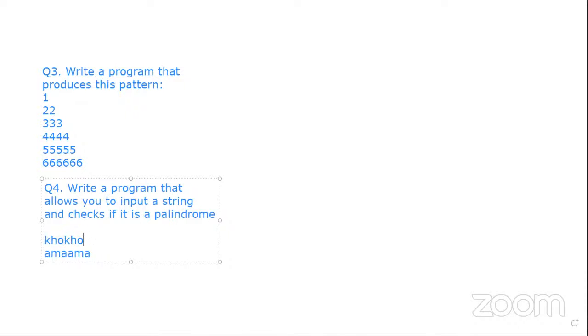So yeah, it is symmetrical, but it's not a palindrome because if you read from the front, it's co, but if you read from the end, it's och, okay? So the start and the end are different. So there's a difference between symmetrical and palindrome. So that should be your question for the task.